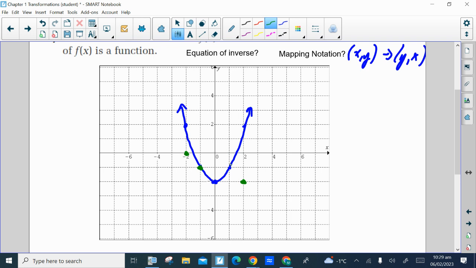The point (1, -1) becomes (-1, 1). And the point (2, 2) will be invariant as well. There are 2 invariant points here. And obviously the inverse is not a function. It fails the vertical line test.